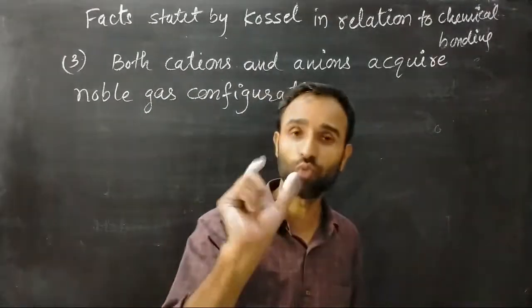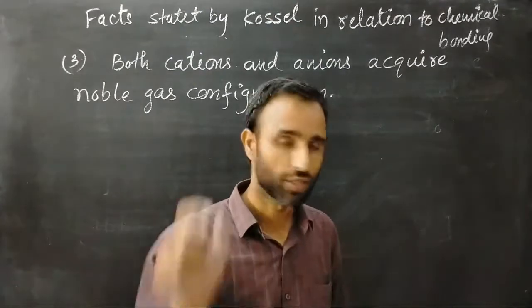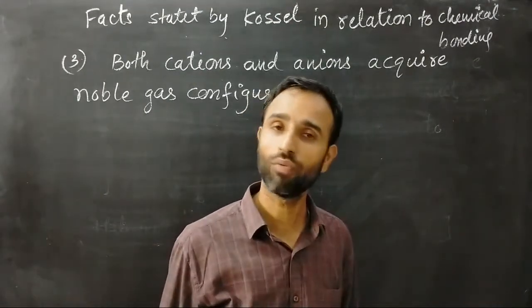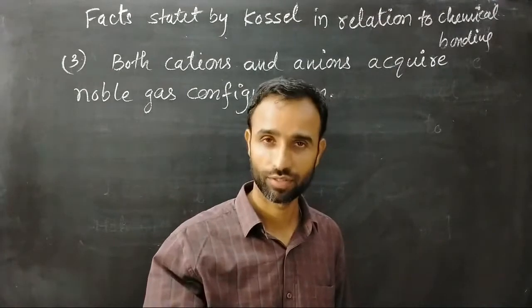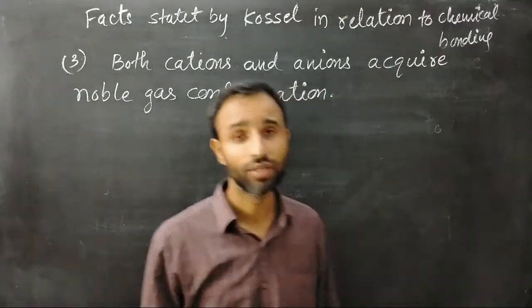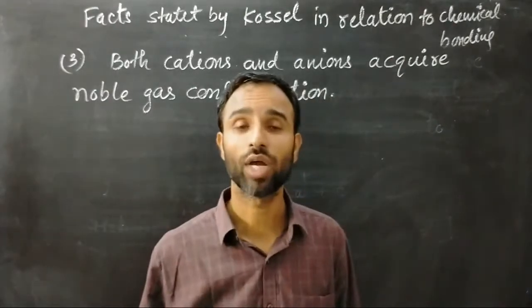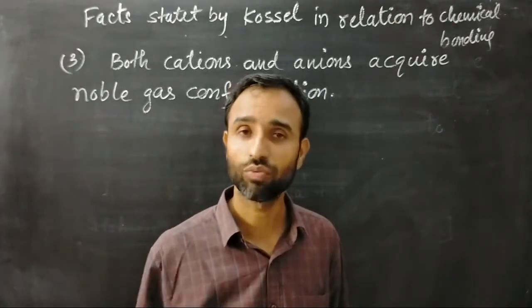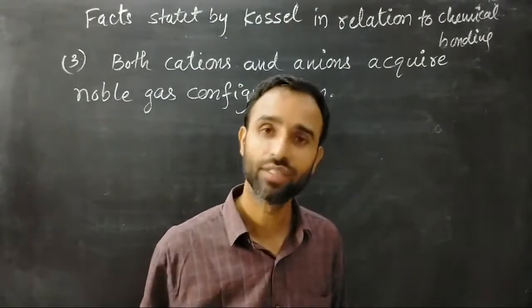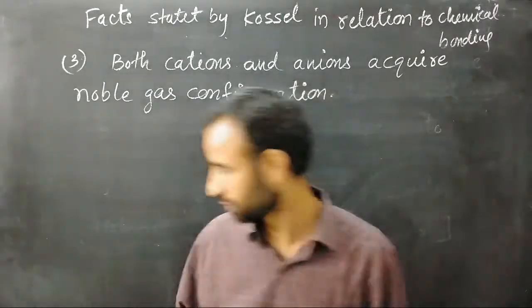After losing one electron, it acquires the configuration of neon, and chlorine, after gaining one electron, acquires the noble gas configuration of argon, right?